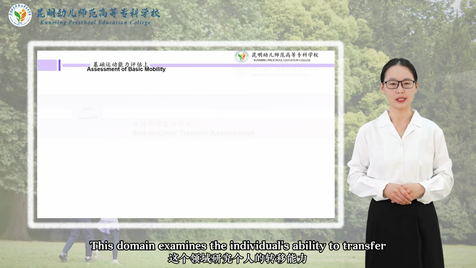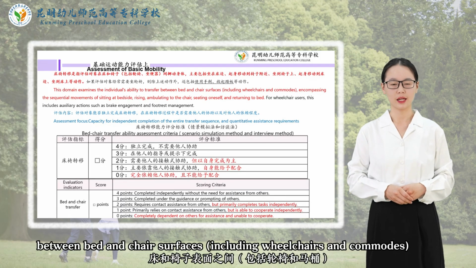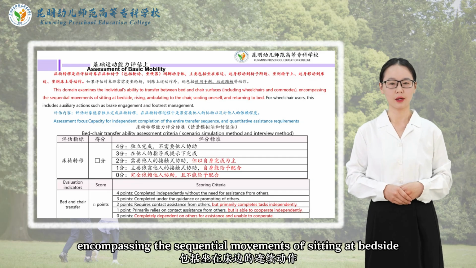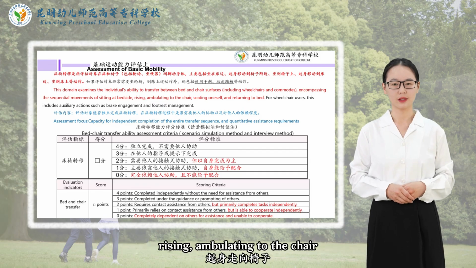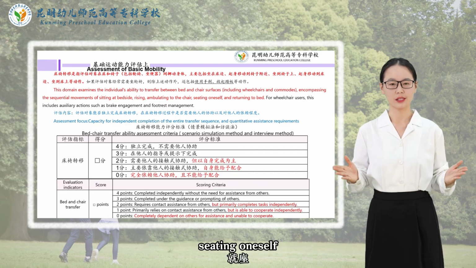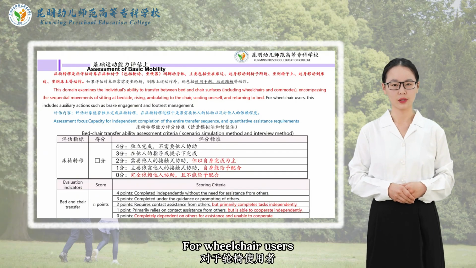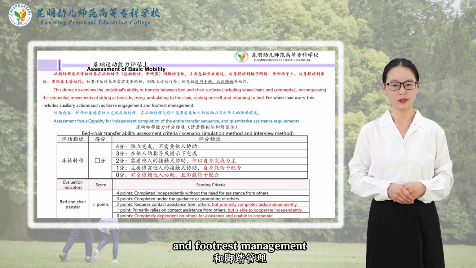This domain examines the individual's ability to transfer between bed and chair surfaces, including wheelchairs and commodes, encompassing the sequential movements of sitting at bedside, rising, ambulating to the chair, seating oneself, and returning to bed. For wheelchair users, this includes auxiliary actions such as brake engagement and footrest management.